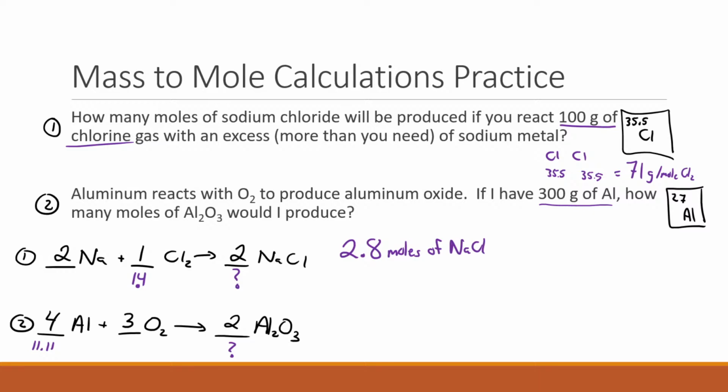Let's look at our ratio. 4 to 11.11 is 2 to half of that, right? This 4 became a 2, so it got cut in half. 11.11 should also get cut in half, giving us 5.55 moles of Al2O3.